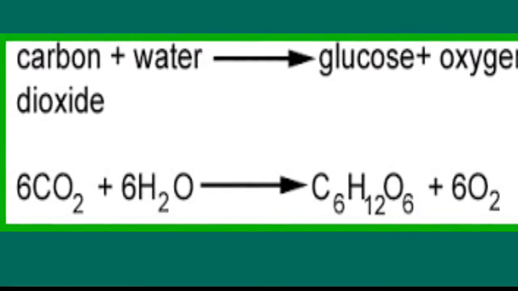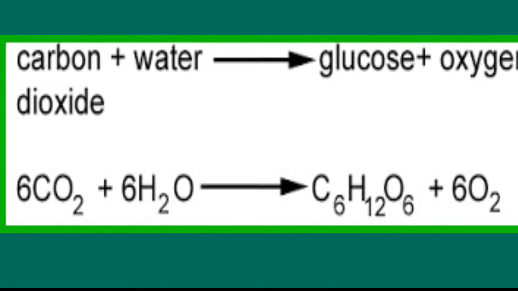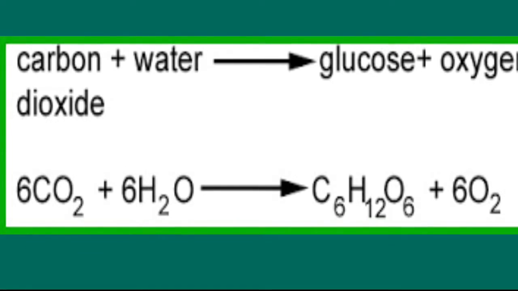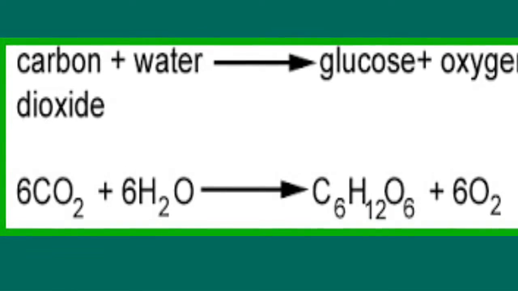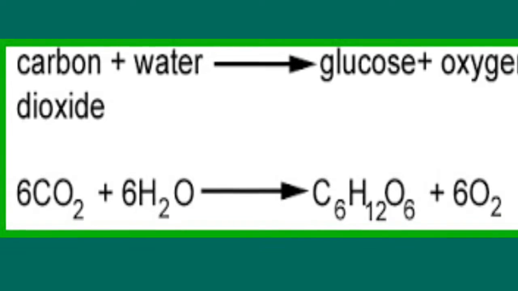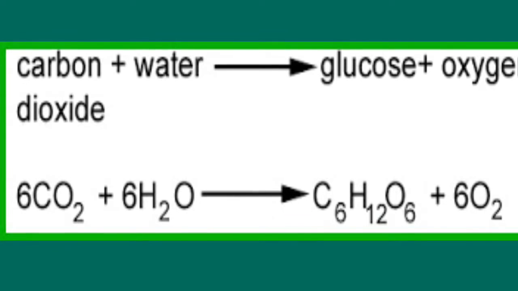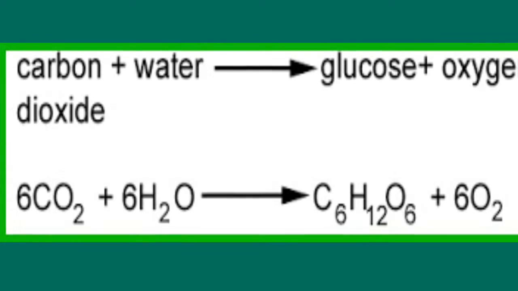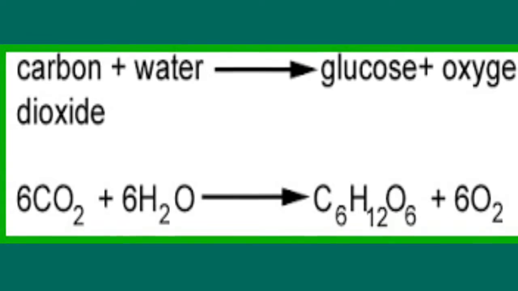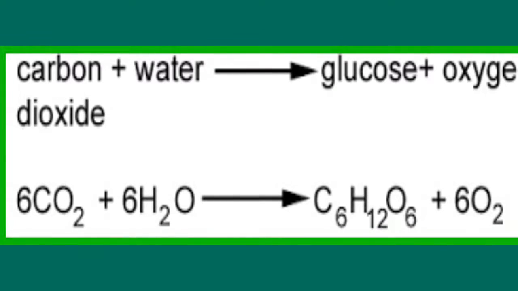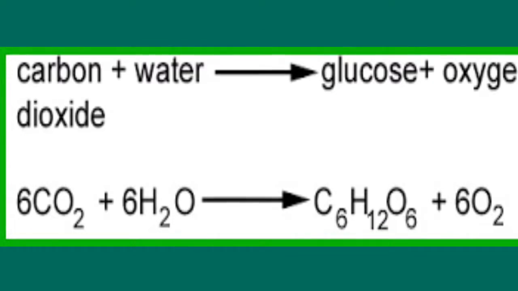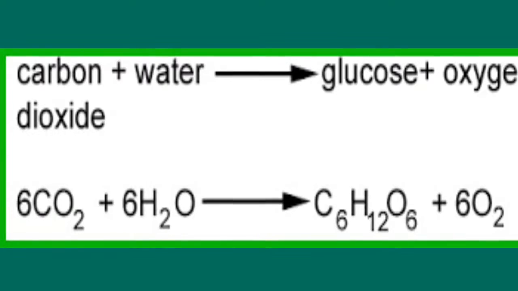Now at this point, glucose cannot stay this way, for two reasons. First of all, it's not something that a plant can use because it doesn't eat it. It has to be used, turned into energy, or turned into starch. The reason it must be turned into starch is that glucose is soluble in the water in the cell, and that can mess up the cell's water balance.